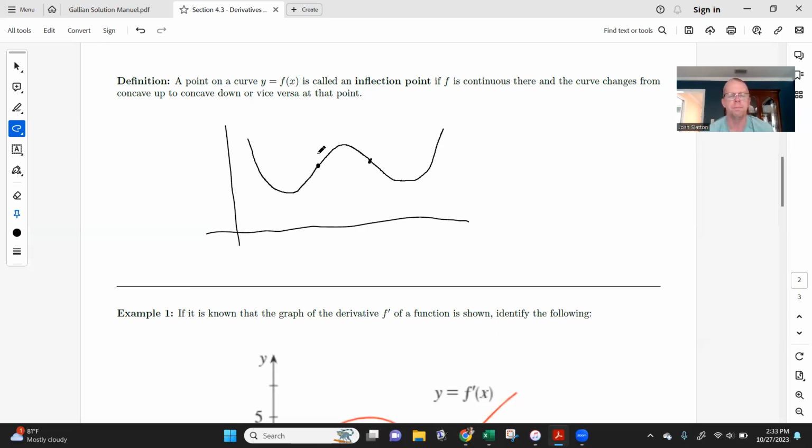Now, if we go down, let's just kind of sketch down. Here we are concave up, and then between these 2 inflection points, we are concave down, and then after that, we are concave up again.